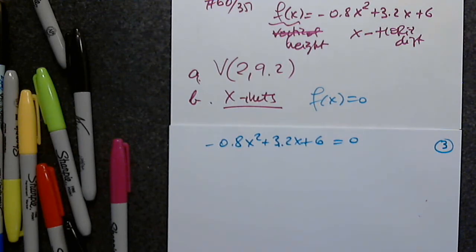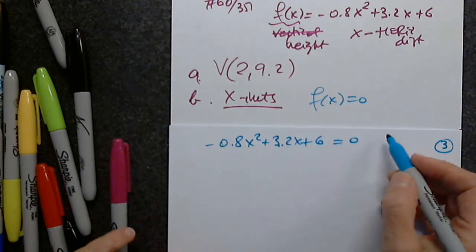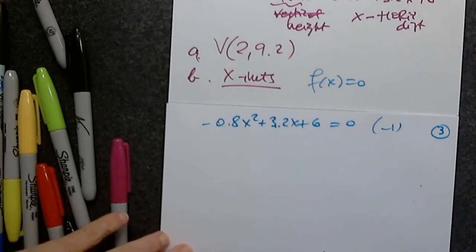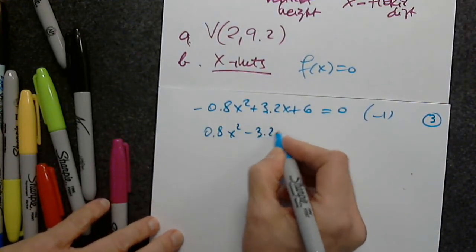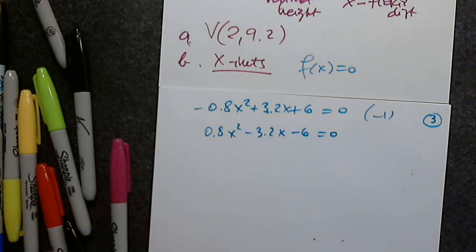Divide by negative 1. Awesome. That's the first thing I have to do, of course, to make it as easy as possible. So it's indeed 0.8x squared minus 3.2x minus 6 equals 0. Remember, that's my recommendation. It's not mandatory. It's up to you. But I will never personally solve a quadratic equation with a negative leading coefficient. That's not going to happen.